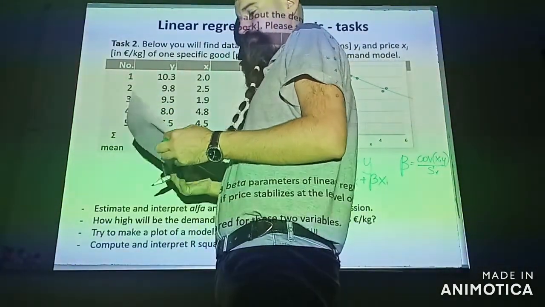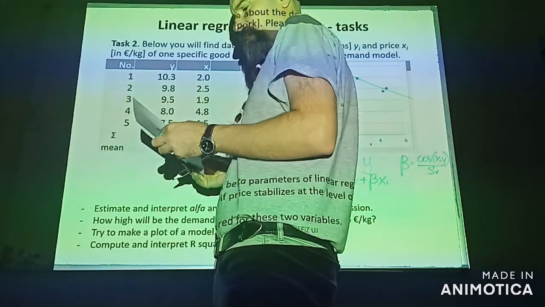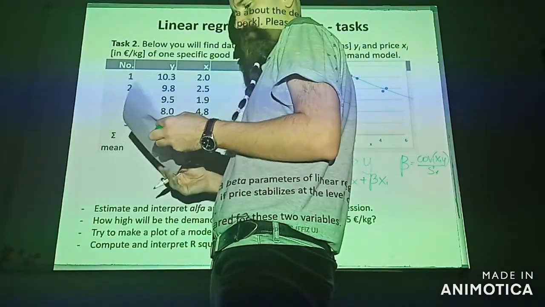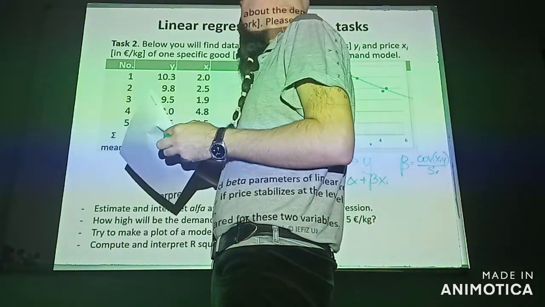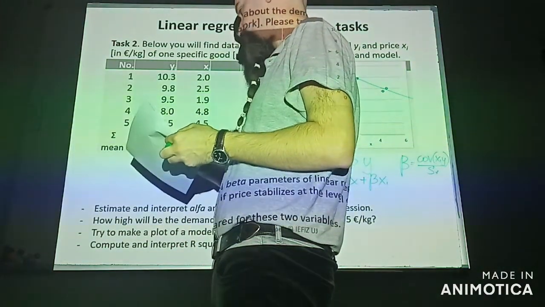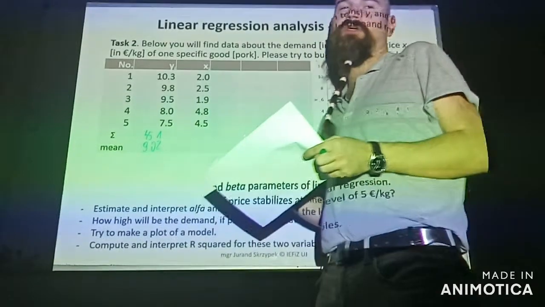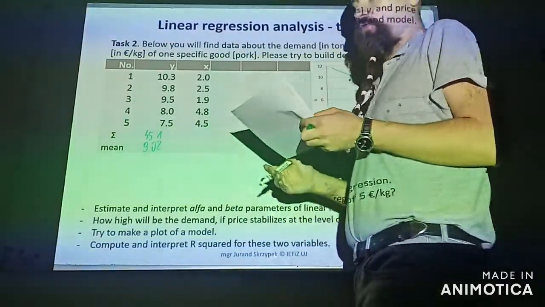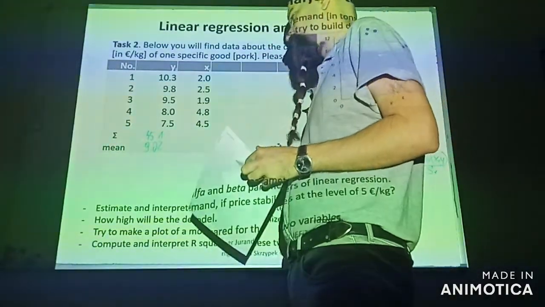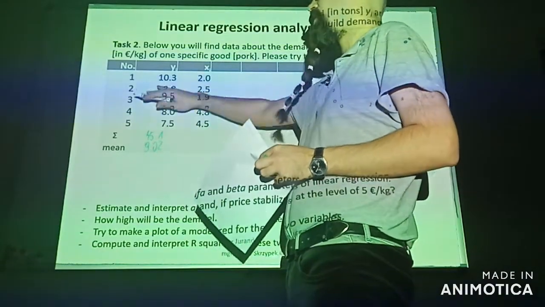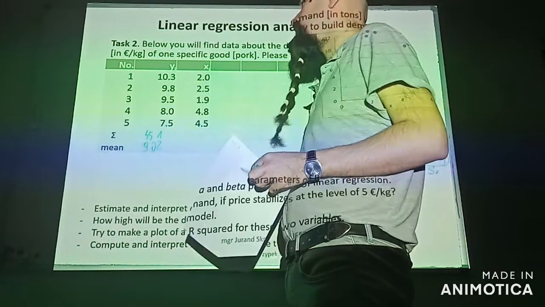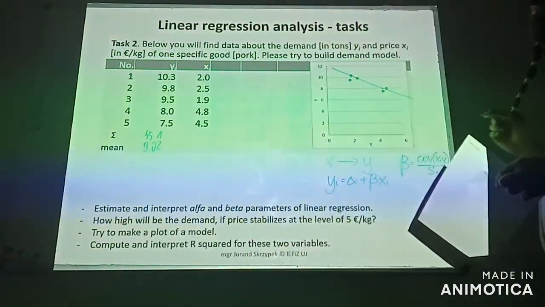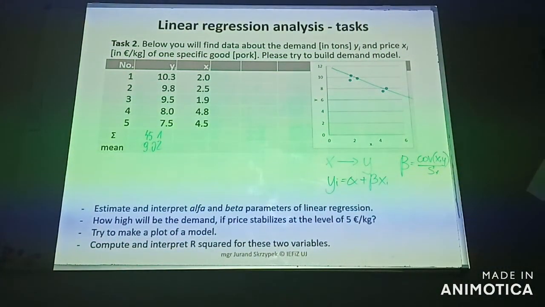The sum of the values of the demand is 45.1 and mean level of the demand for pork was 9.02. Yeah, we have 5 observations and the average level of pork demand was 9.02 tons.